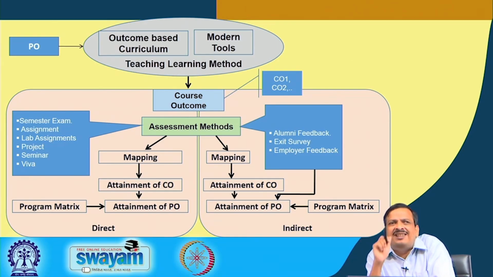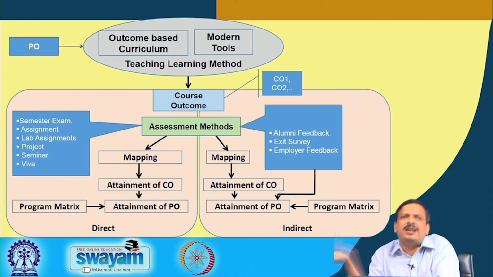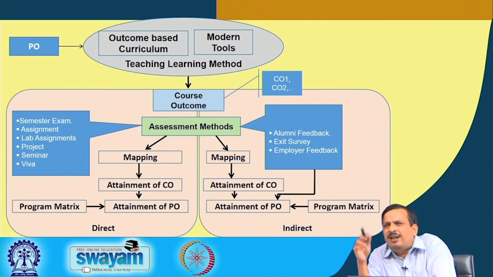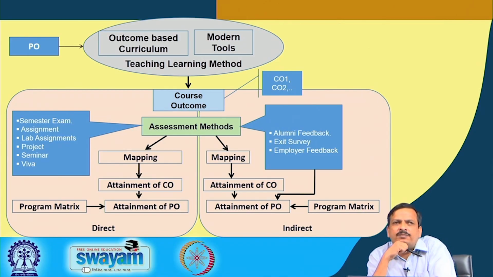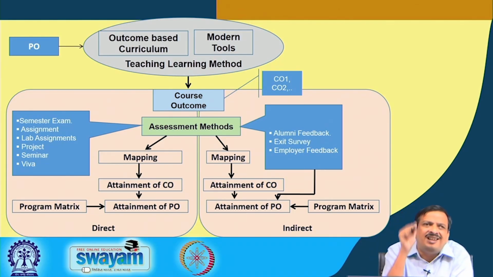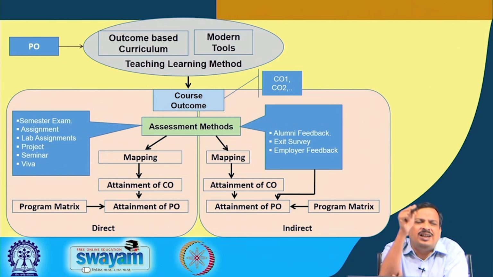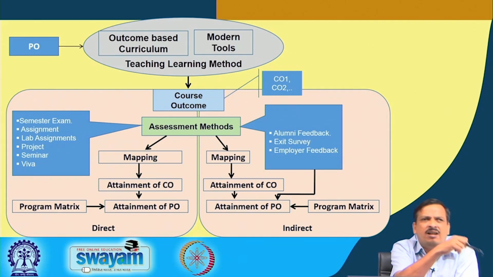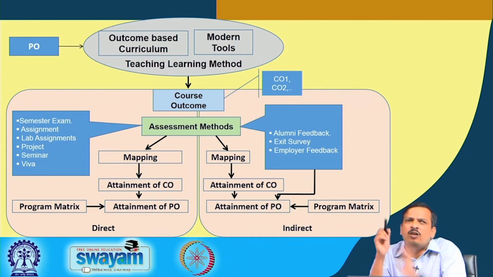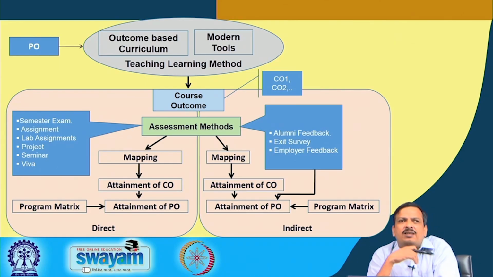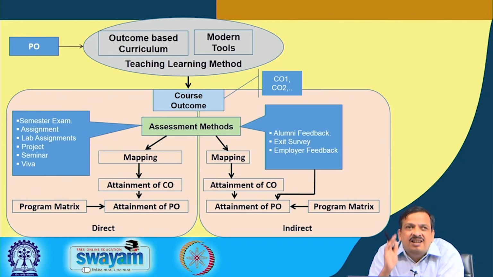You are judging the driver based on the feedback provided by the previous employer or by society about that driver. That is called survey based, that is indirect. Or you can take a test of the driver, you can give a car and tell them to drive, take this right turn, take the left turn, make an L-shape parking. All kinds of tests you can take, that is called direct assessment.